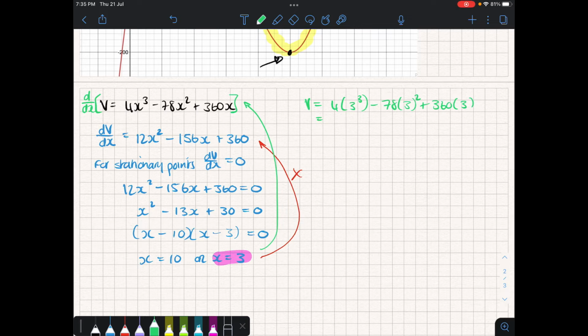And we'll stick it into the calculator, and that's going to give us 486. Right, and this would be centimeters cubed because we were given centimeters. So we have a stationary volume of 486 when x is equal to 3.